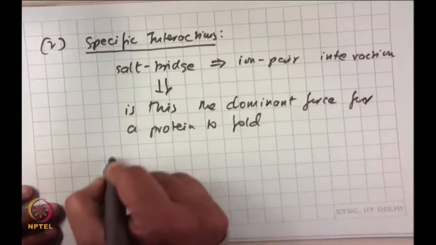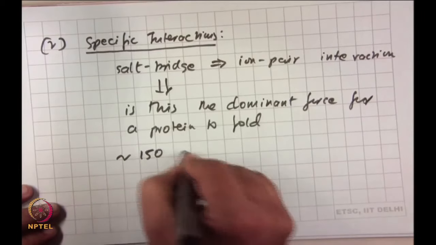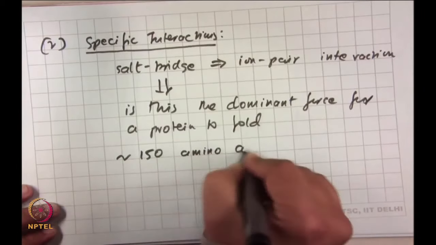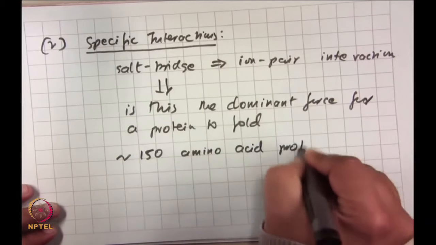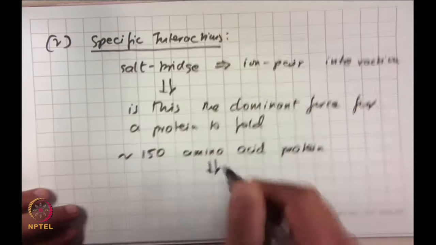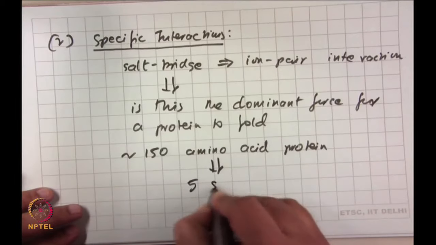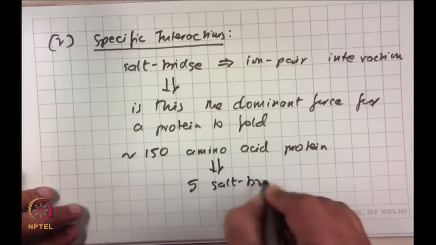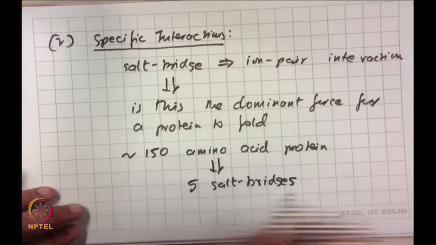Let us consider a 150 amino acid protein. When people looked at the structure of the protein, what they saw was they had only 5 salt bridges.